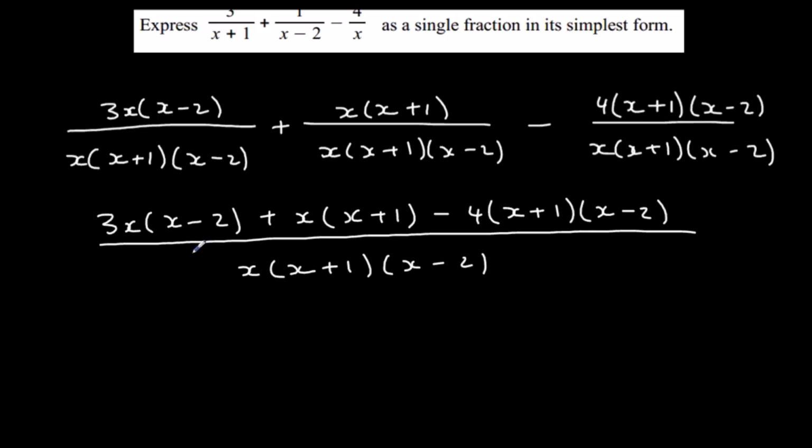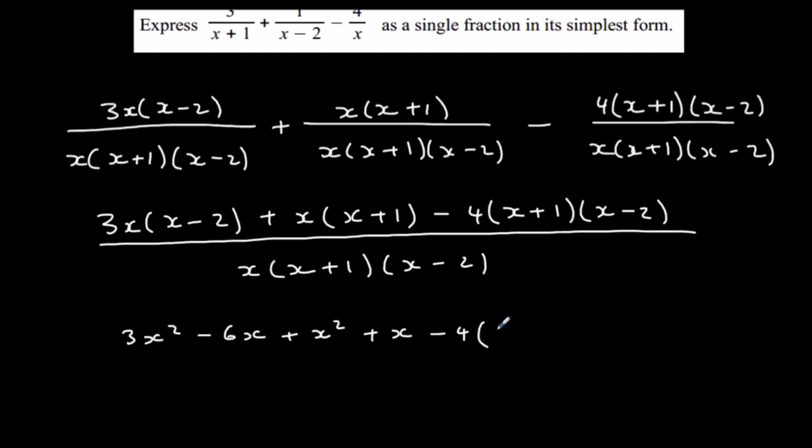So 3x times x, 3x squared. 3x times negative 2, negative 6x. X times x is x squared. X times 1 is x. I'll keep the minus 4 here, and I'll put the bracket while I expand these two brackets. I have to remember to take away all of this, not just the first term.